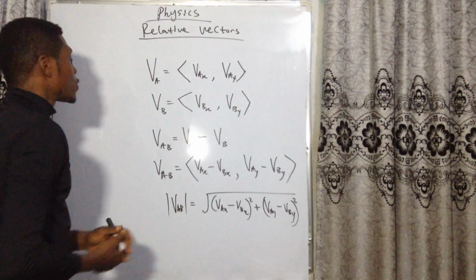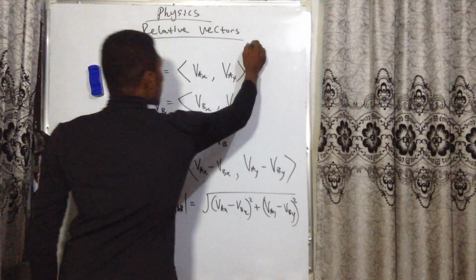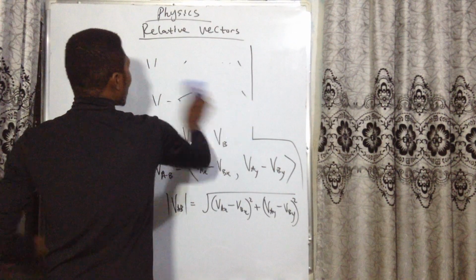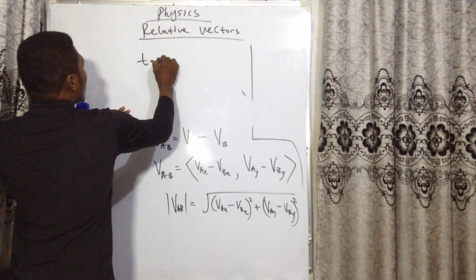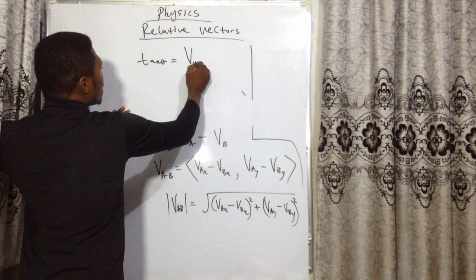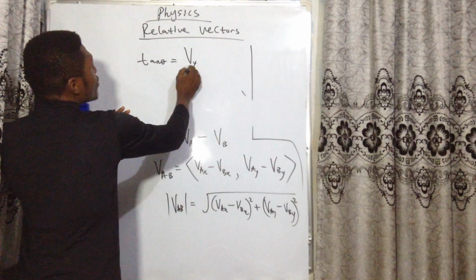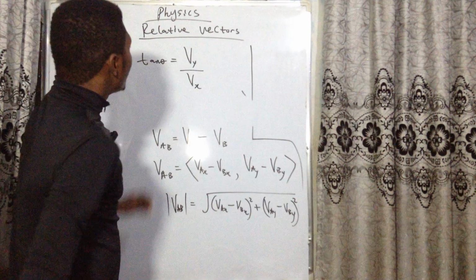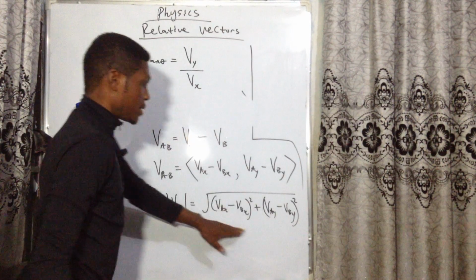If you want to find the direction of the relative vector, we have that tan theta is VY over VX. This is the Y component and this is the X component.